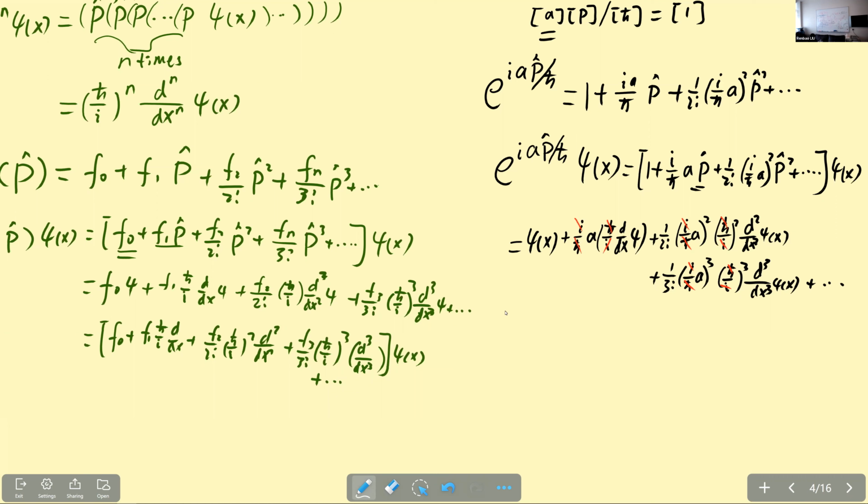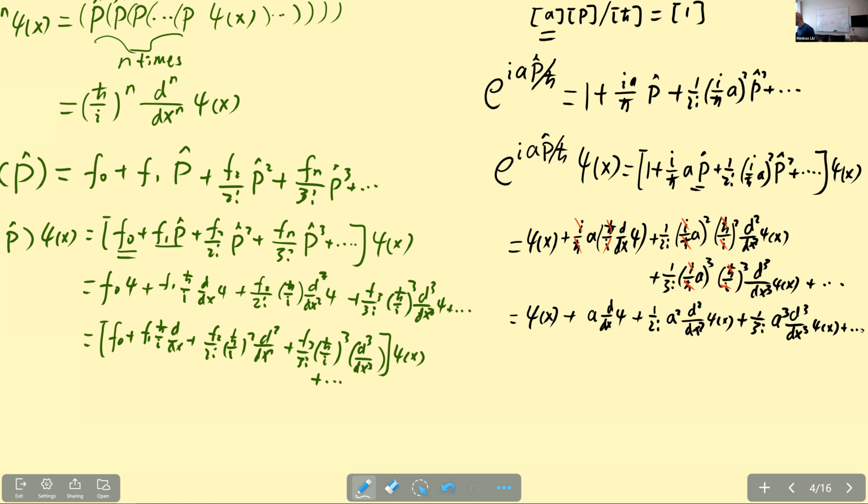Okay, and then this will equal to psi of x plus A d psi over dx, and then plus 1 over 2 factorial A squared d squared psi over dx squared, and plus 1 over 3 factorial A cubed d cubed psi over dx cubed, plus so on and so forth.